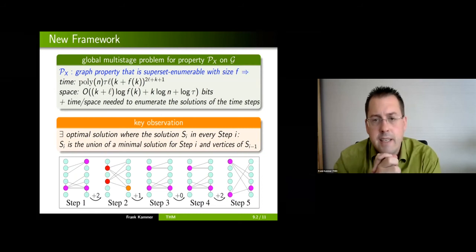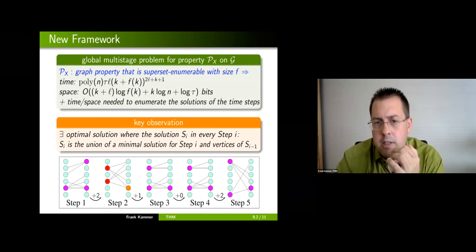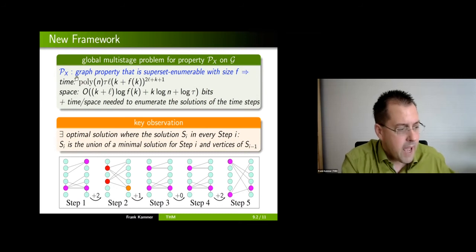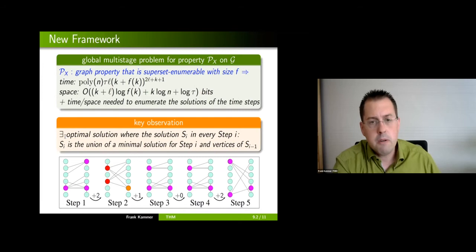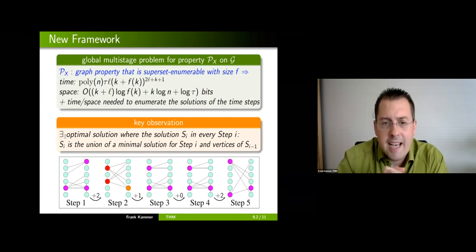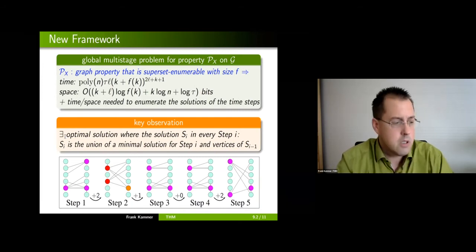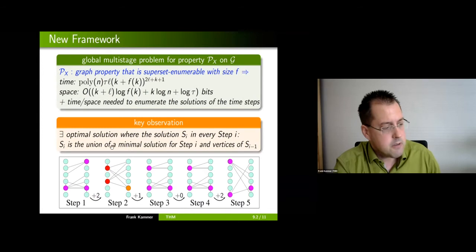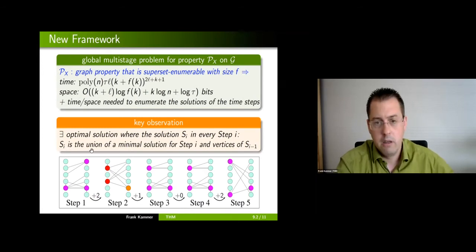The main idea, the key observation, is as follows. Assume we are given an instance, a graph for some graph problem. Then we can observe that this instance always has an optimal solution in such a way that the solution S_i in step i can be obtained in the following way. It is the union of a minimal solution for step i. So consider step 2.